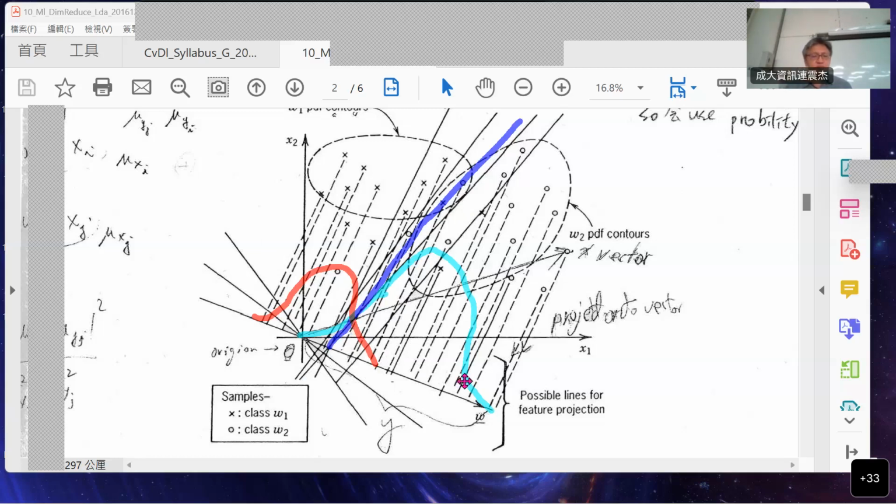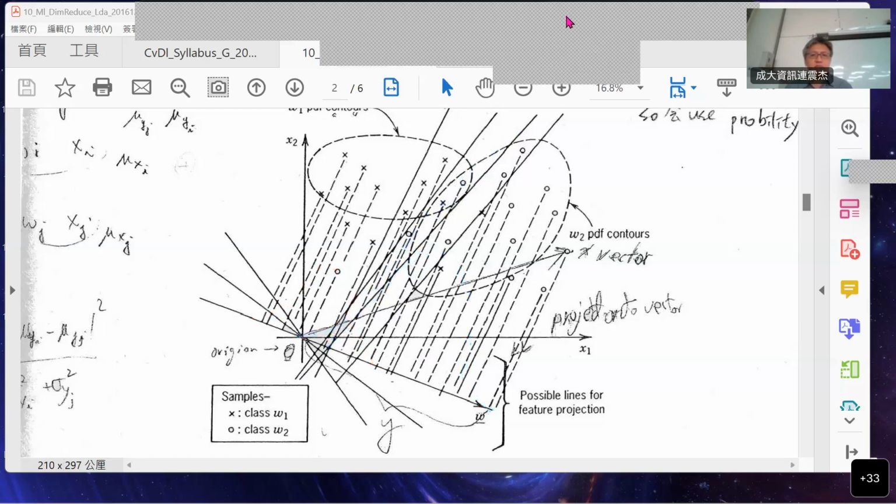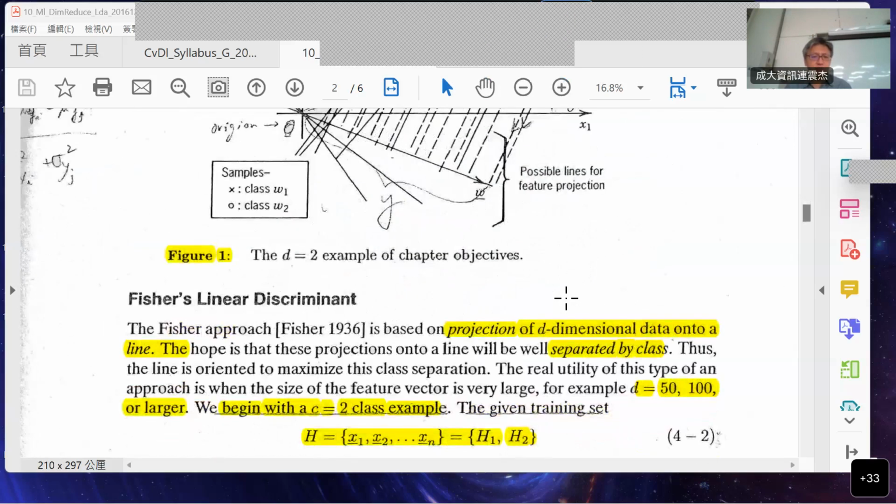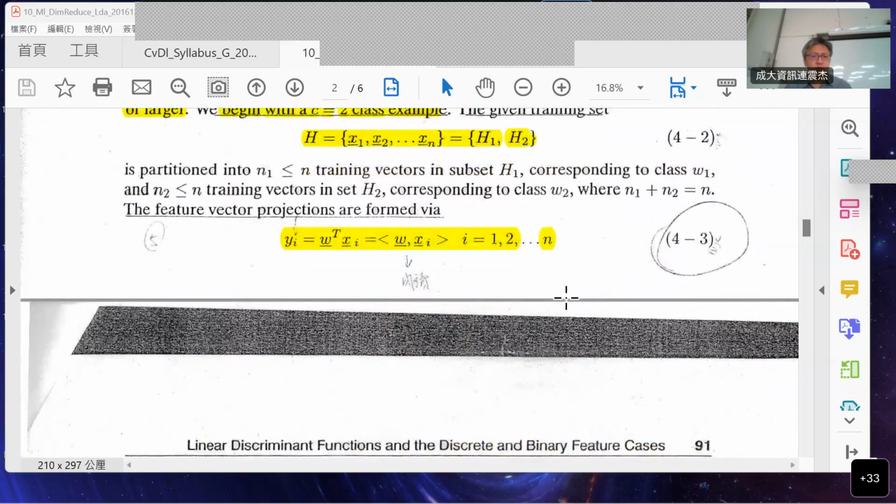Okay. So what can they do? In this example, it is 2D, and we project to 1D.